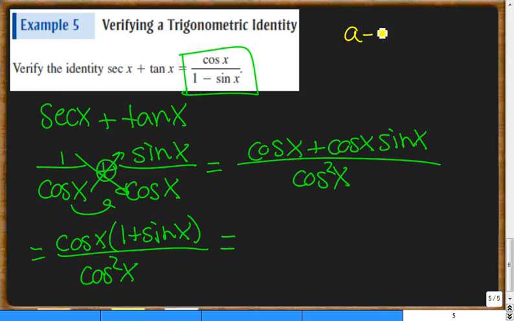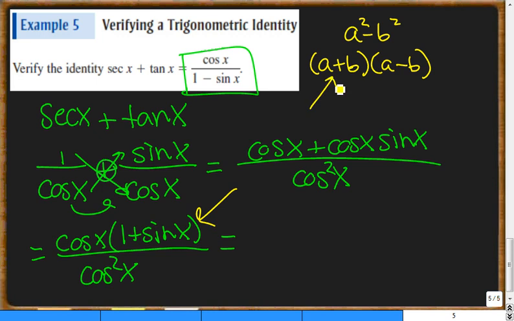So if you remember, the difference of squares factors in this way. The fact that I have a 1 plus sine of x means that there must be a 1 minus sine of x somewhere. So I need to figure out a way to connect 1 and sine together. Well, here's my ticket. Cosine squared, based on the Pythagorean identity, always equals this.